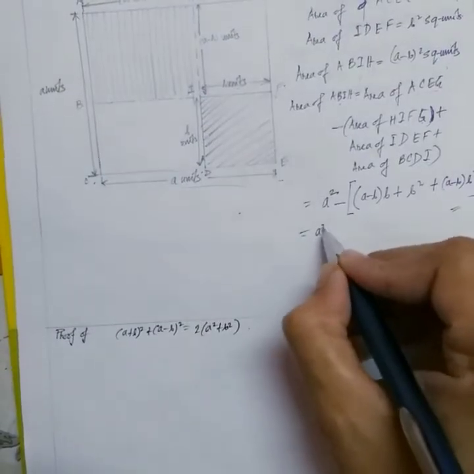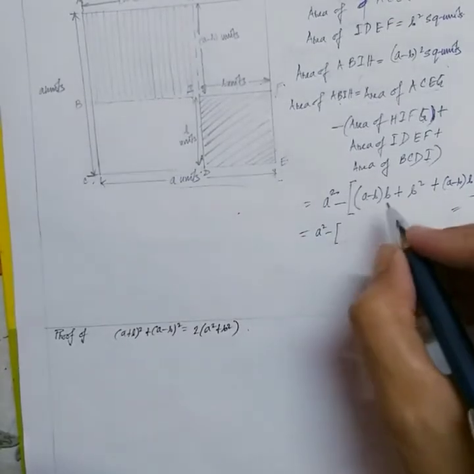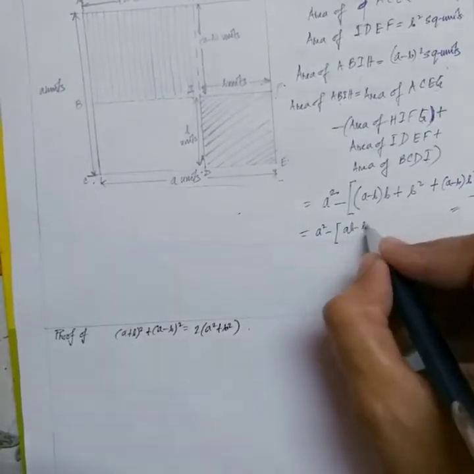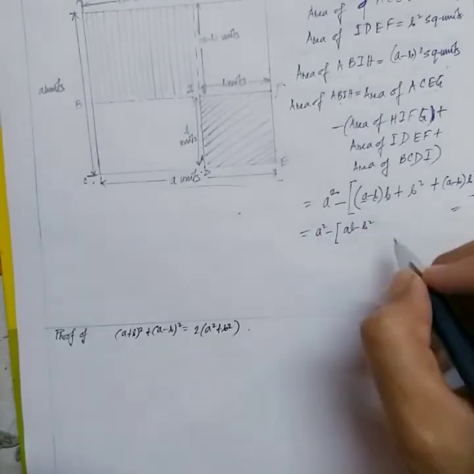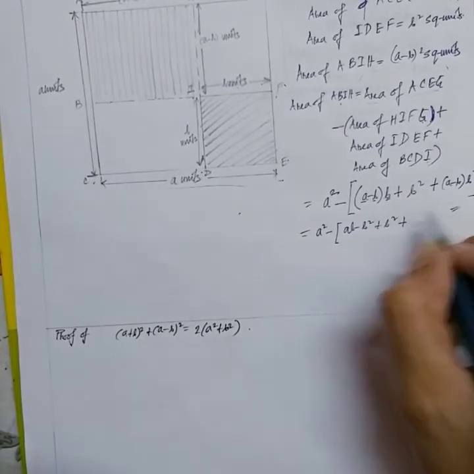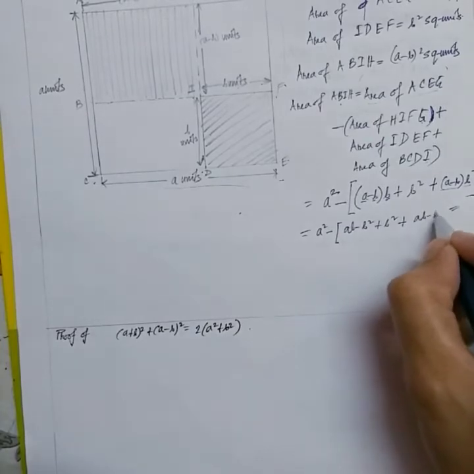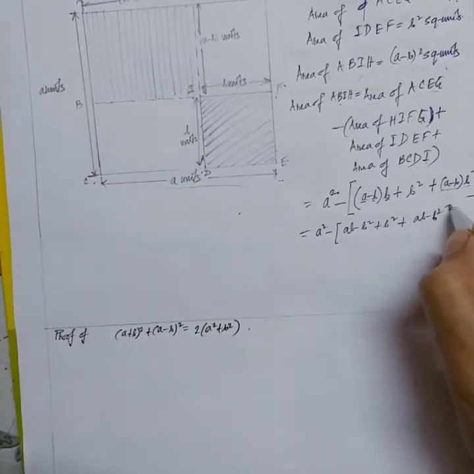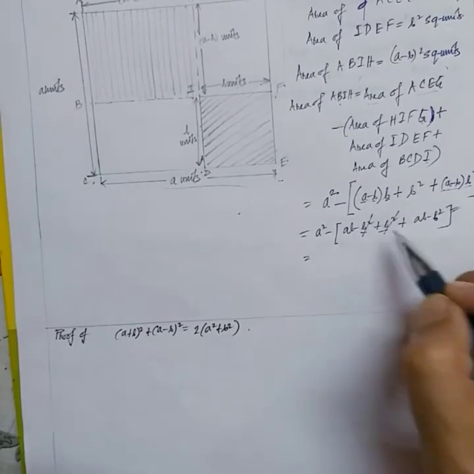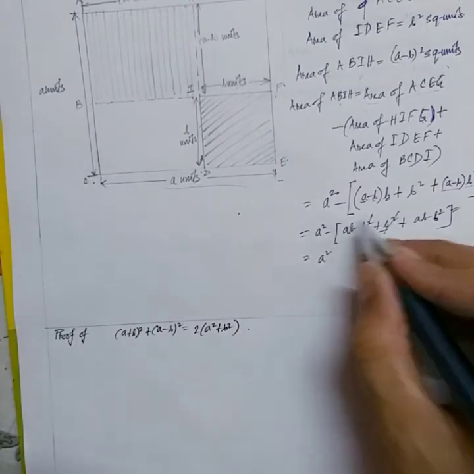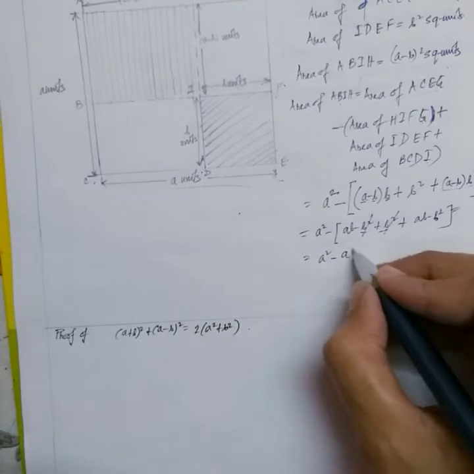Now you have to calculate this: a square minus, within the third bracket you can write ab minus b square, multiplying them, a times b minus b times b, plus b square, plus again this should give you the same result, ab minus b square. So minus b square and plus b square will give you 0. If you remove the third brackets now, you should get minus ab.